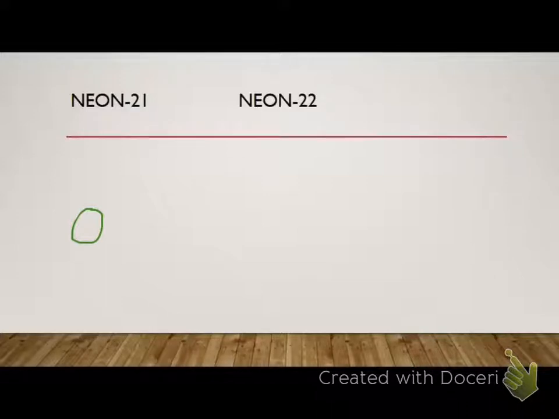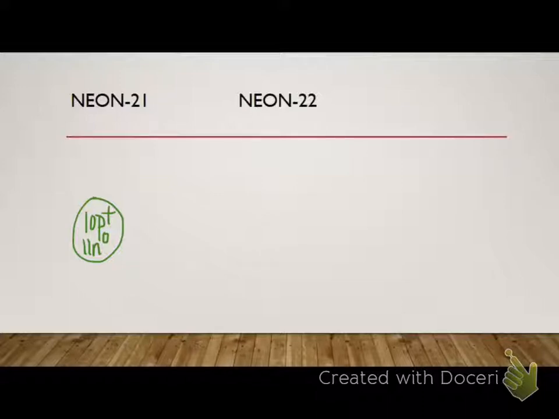How many protons are in my nucleus? 10. So I'm going to say 10 protons. Let me write that bigger so you can see it better. So 10 protons. And how many neutrons would be in there? 11 neutrons. Then I'm going to put my energy levels around there.